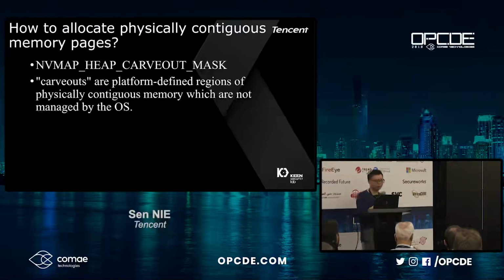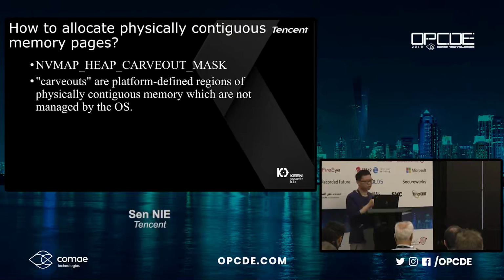Here, we'll talk about how to allocate physically contiguous memory pages. I think in the code base, the nvmap heap carveout mask, this type of heap pool, is a very good candidate. We can find some comments in the code base. It says that carve-outs are platform-defined regions of physically contiguous memory which are not managed by the OS.